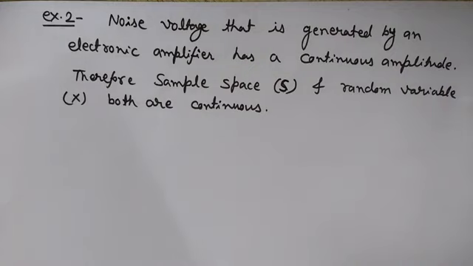An infinite number of values of amplitude are produced by that electronic amplifier. So the sample space will contain infinite values. It will be continuous, and the random variable that we obtain from that sample space will also contain a range of continuous values. So this was all about random variables and its types: continuous random variable and discrete random variable.